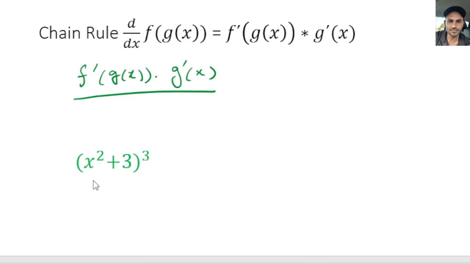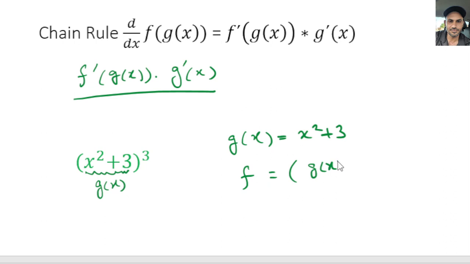So let's take a look at this expression. If we look at this, we have our input, which is g of x. This is our input function, and our main function is the cube function. So let's write this down. g of x equals x squared plus 3, and it serves as the input of the main function f, and we are taking the cube of that.